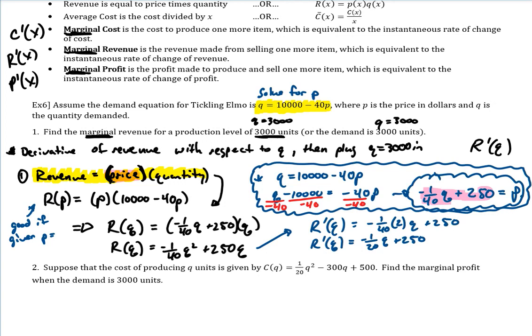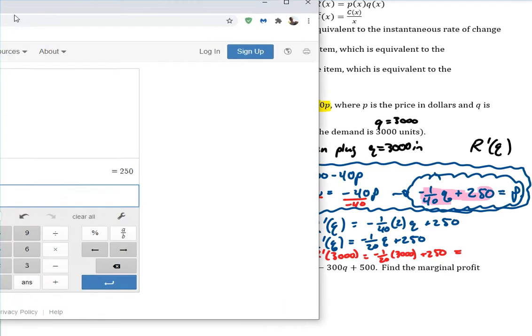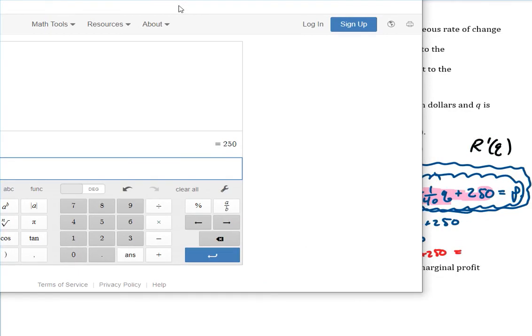Now our final step is to just plug Q equals 3,000 in. So now we've got, I needed a little more room, sorry. So I've got R prime of 3,000. So this is our final step though, equals negative 1/20th times 3,000 plus 250, which is equal to, okay, so I'm going to use my calculator at this point.